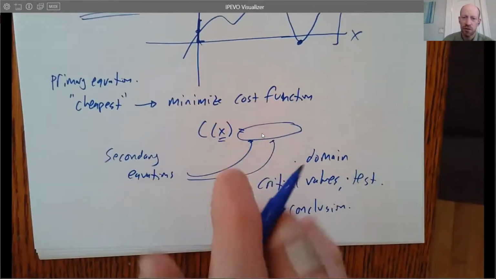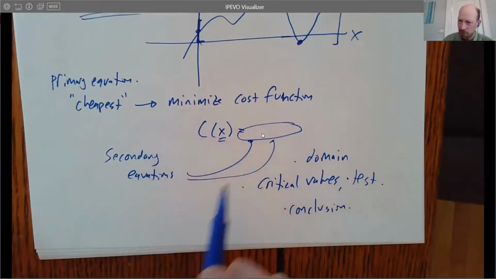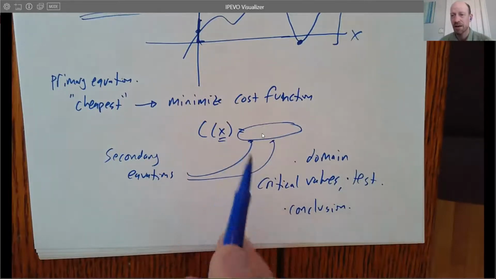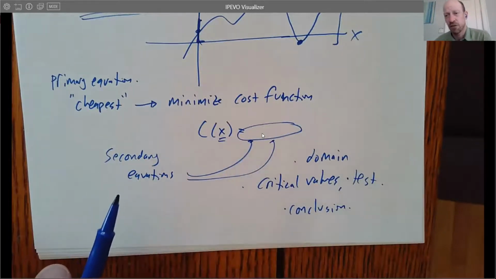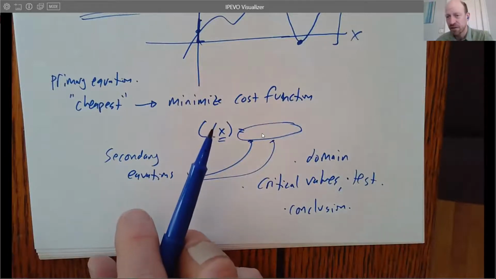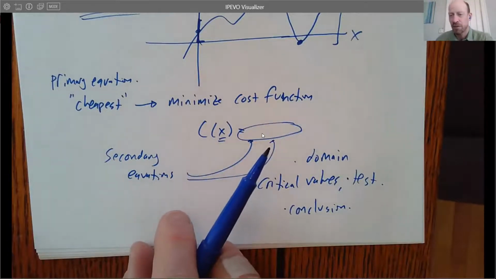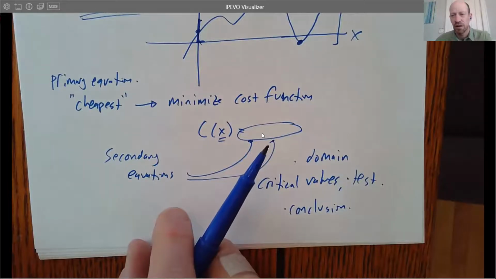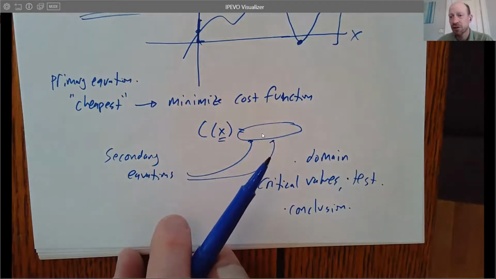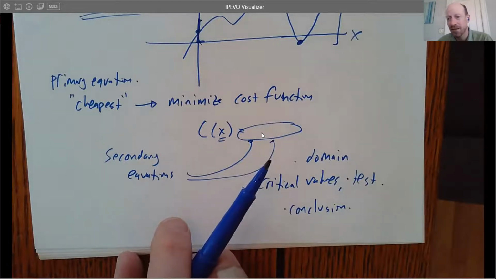So the new part is just making sure that you set up your problem properly, that you have a function for whatever it is you're trying to maximize. If it says find the shortest, then we would want the distance function, right? Because I want to minimize it. If it says the largest area, then I would want the area function and I would want to maximize it.